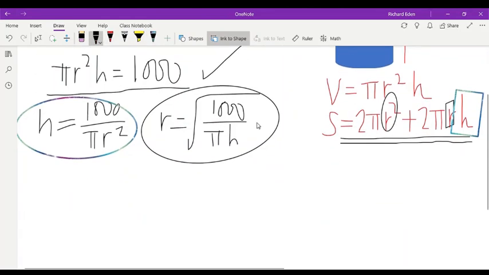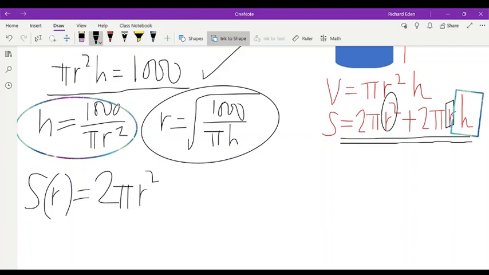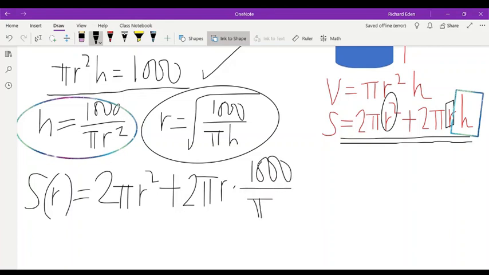So now let's rewrite our surface area as a function of r. How do you know that? Because h is going to be replaced by this r expression. So S is 2 pi r squared plus 2 pi r, and then as we agreed, we're going to replace h by 1000 over pi r squared.